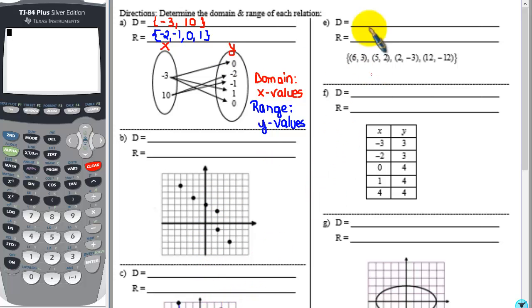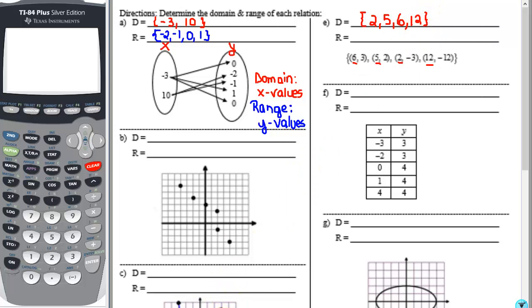Let's say we do letter E here, and remember, domain is x values, so we're going to do these numbers right here. I'm going to start with the smallest one, which is 2, followed by 5, followed by 6, and 12.